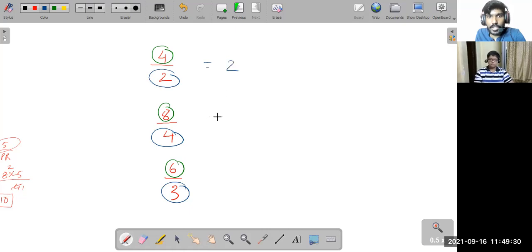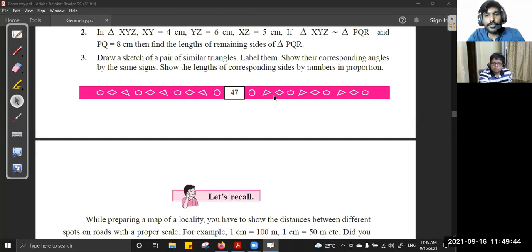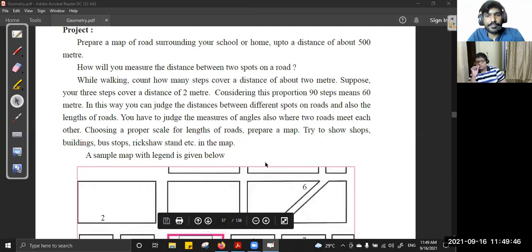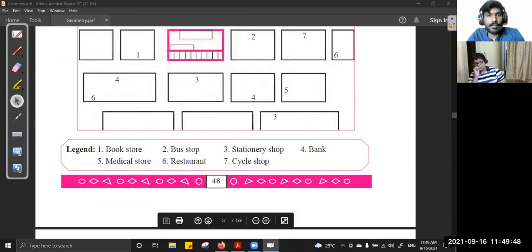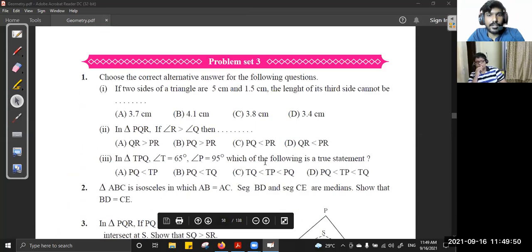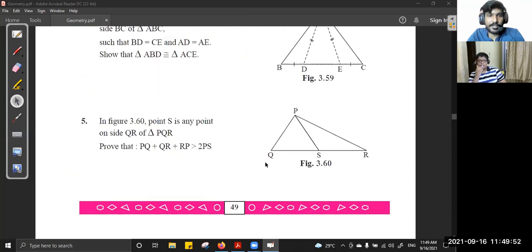Divide them both, you will get the same ratio, 2, 2, 2. That means these are all equal to each other. Fine. So this was the last exercise of 3.5. After this, we just have the problem set.